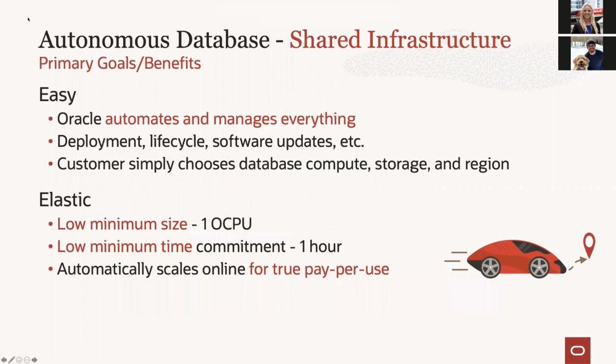So as far as the shared infrastructure, what really works well with this is that, again, Oracle automates and manages everything. It's really easy to get started because all you have to do is have one OCPU and just 1 hour of commitment.